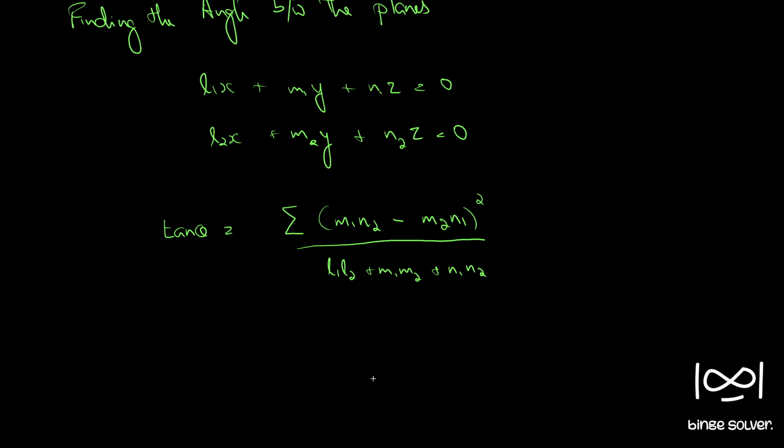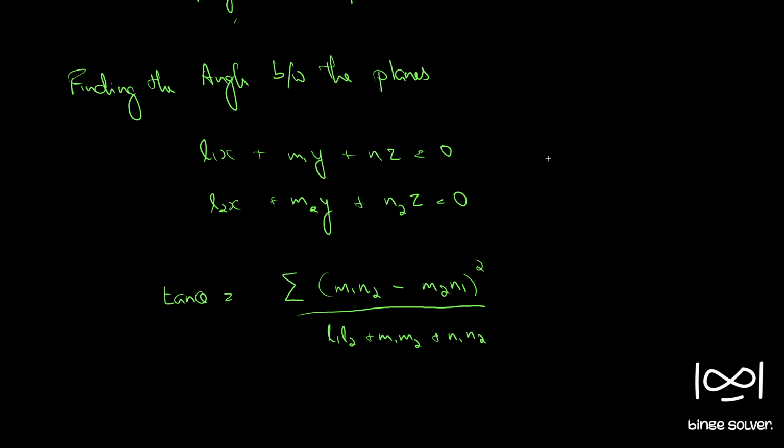Before that, if you want to check the perpendicularity, we have discussed that before. Cos theta is L1 L2 plus M1 M2 plus N1 N2, and when the planes are perpendicular, cos theta will be equal to 0.